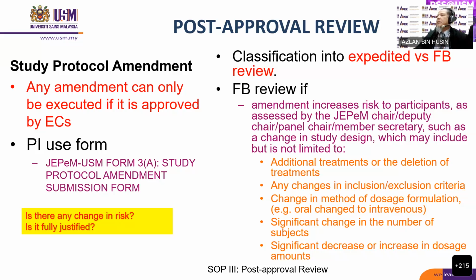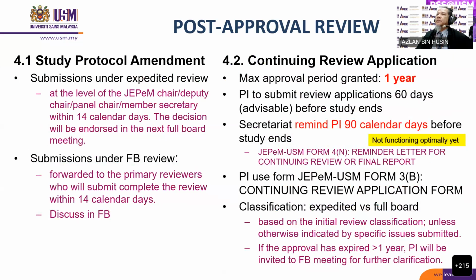Okay. If the amendment is just office changes like an address, or adding one more researcher to your team, we consider it expedited and it doesn't need to be sent to reviewers. It will be approved straight away at the level of the chair when we receive the full documentation, and we provide the approval within 1 or 2 weeks. So this is what I mentioned. Maximum granted is 1 year.